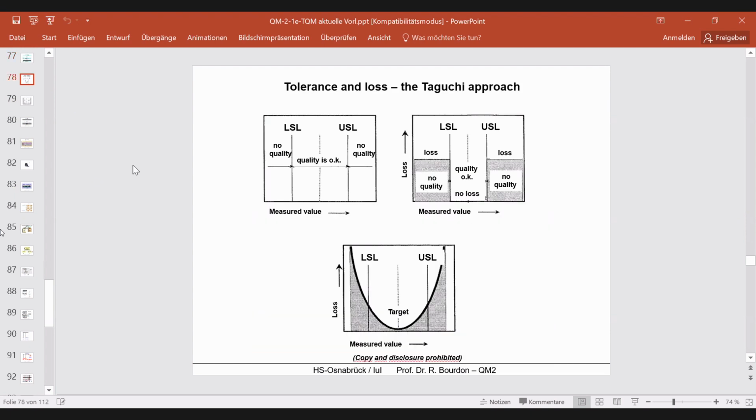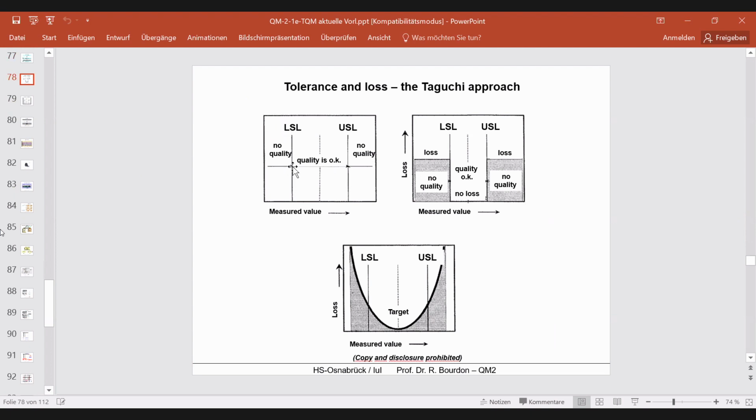Taguchi was the first one who said that it is not so correct what designers are doing in most of the companies in Europe or in Japan or in wherever, US, wherever you look. The designers say, okay, there is an upper specification limit and a lower specification limit.